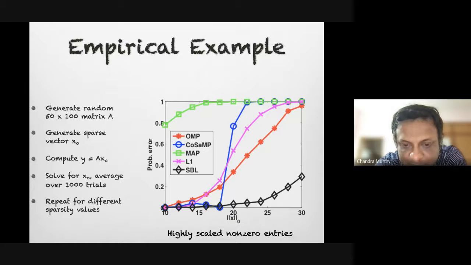But sparse Bayesian learning is way down below, and in fact, it's able to achieve almost no errors up to a sparsity level of something like 18 or so. And then obviously if the sparsity level goes beyond a certain point, all algorithms will start to fail. You just don't have enough measurements to recover the sparse vector.